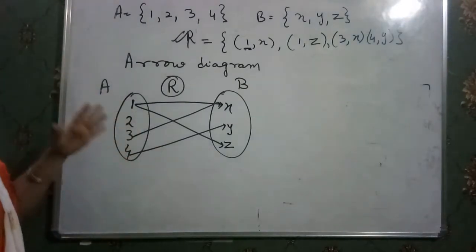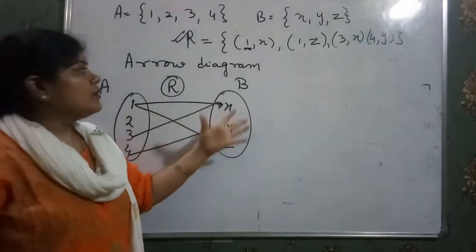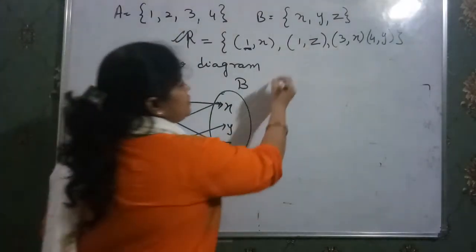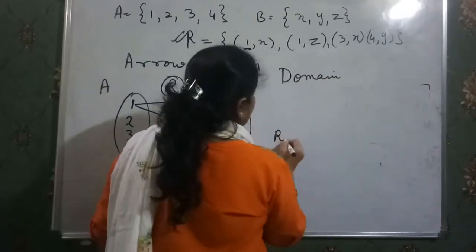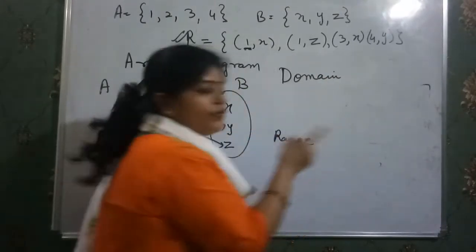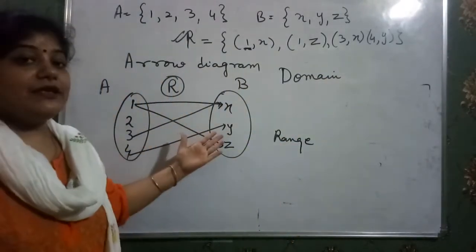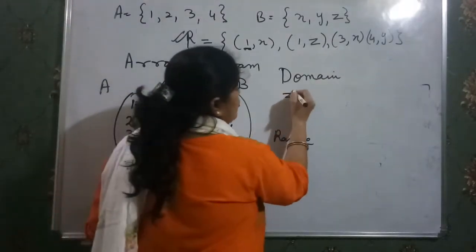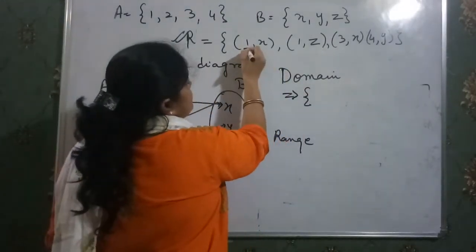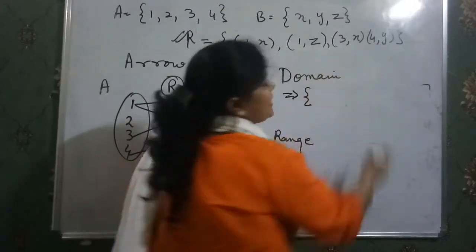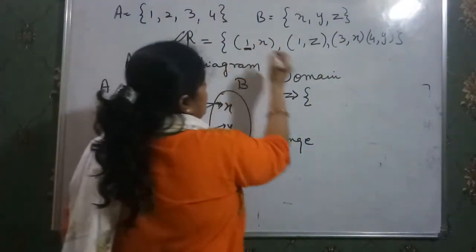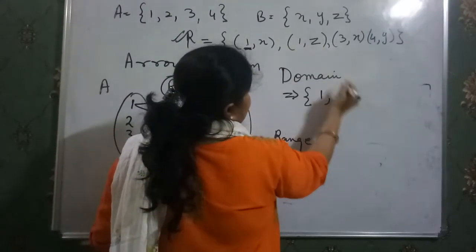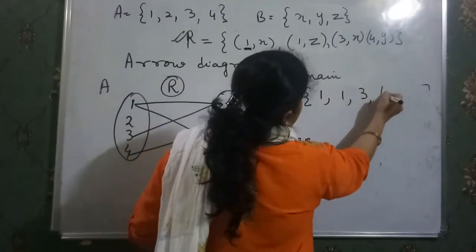Now one more thing I want to add. If the question asks us to find the domain and range for this relation, then for the domain, we take the elements of the ordered pairs which are written at the first place, that is, at the position of X. So here we have 1, 1 again, then 3, then 4.